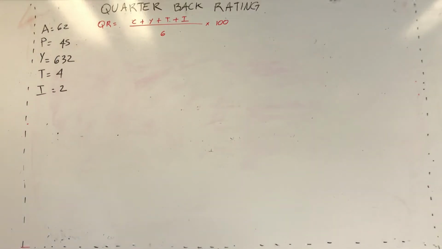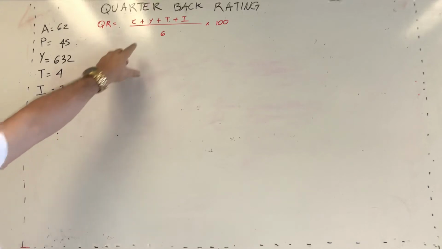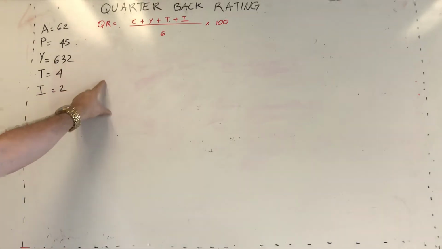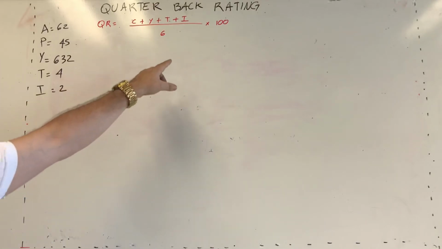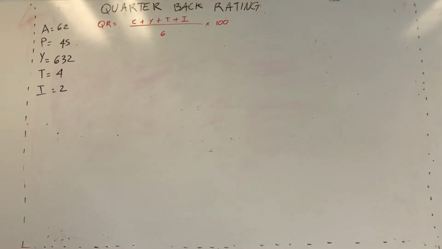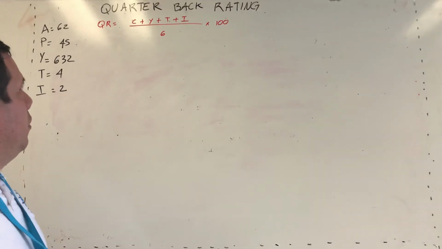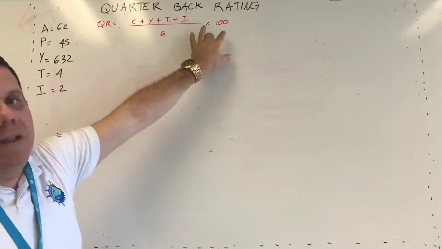C stands for completed passes, Y stands for yards, T for the touchdowns, and I for the interceptions. So when you add all of them, you divide by 6 and then you multiply times 100.